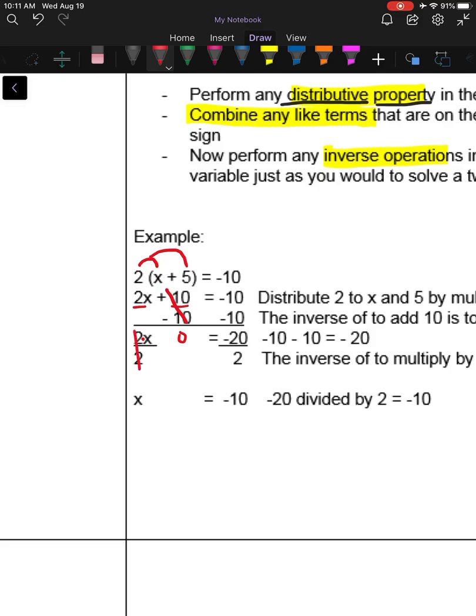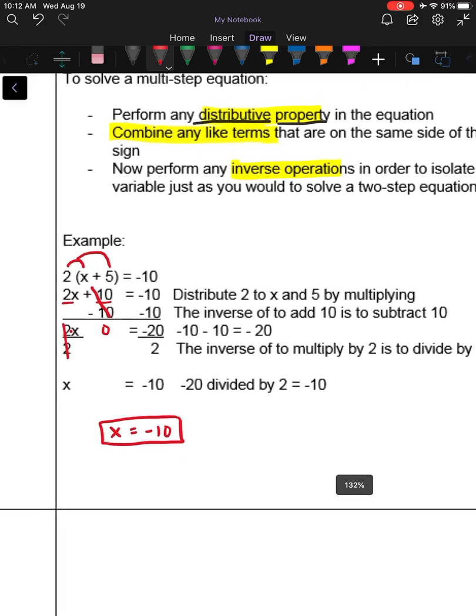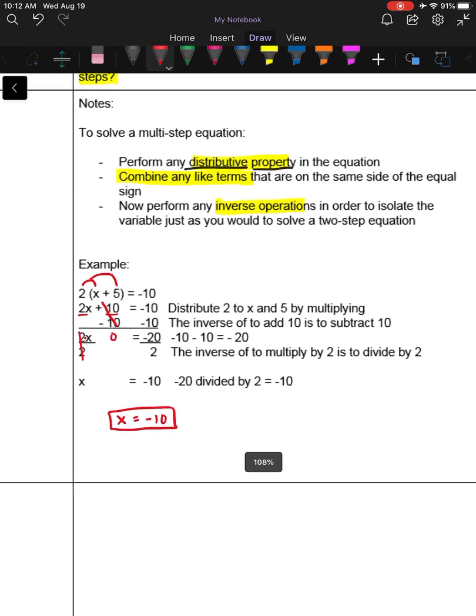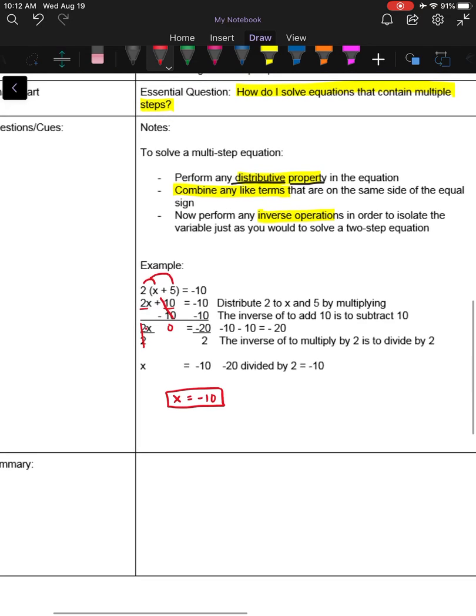So x equals a negative divided by a positive, which is going to give us a negative, right? So x is going to equal negative 10, okay? All those steps are written outside on the right, but I just discussed them with you quickly. That is it for this lesson.